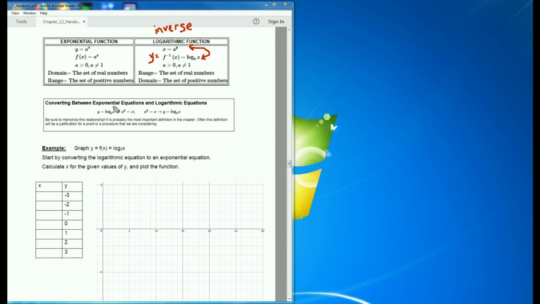These two things are just saying the same thing. They just swapped the directions. And it is the most important relationship here: a to the y equals x is equivalent to, it's the same thing as, y equals log base a of x.